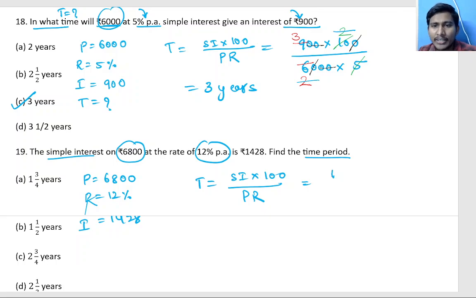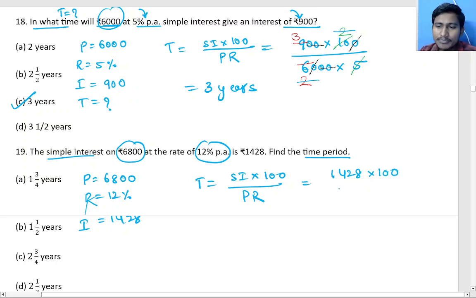So listen here. Simple interest is 1428 into 100 divided by principal 6800 into rate of interest, that is 12.